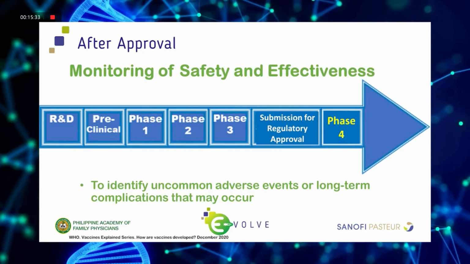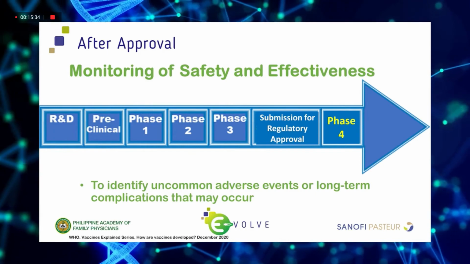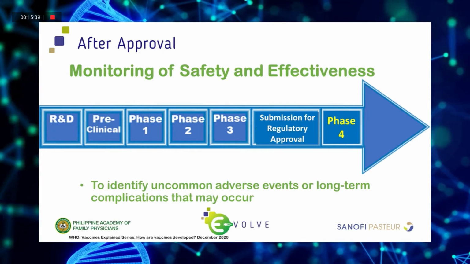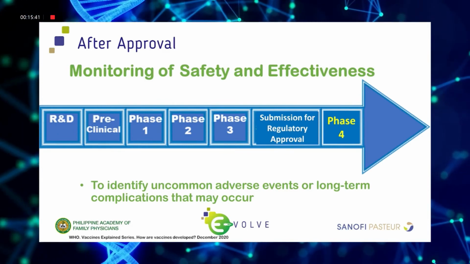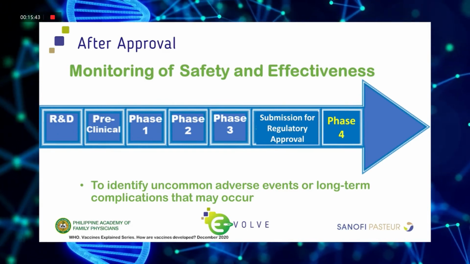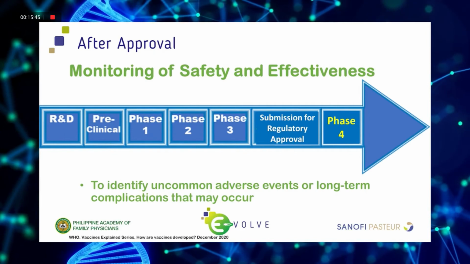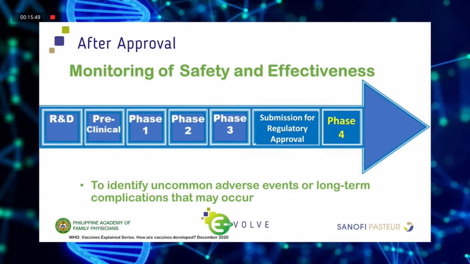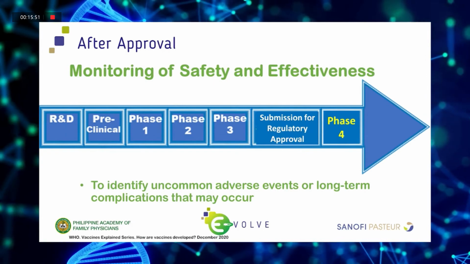These data are used to adjust policies for vaccine use to optimize their impact, and they also allow the vaccine to be safely tracked throughout its use. Once a vaccine is in use, it must be continuously monitored to make sure it continues to be safe.